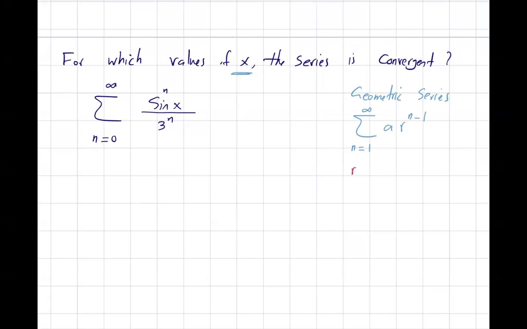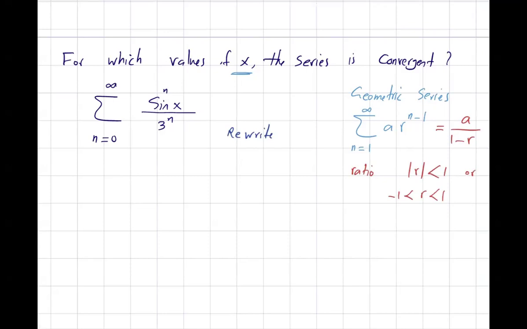Remember the ratio. For the ratio r, if the absolute value of r is less than 1, or r is bounded between -1 and 1, this series is convergent to a divided by 1 minus r. So let's see if we can rewrite this series in a format similar to a geometric series.